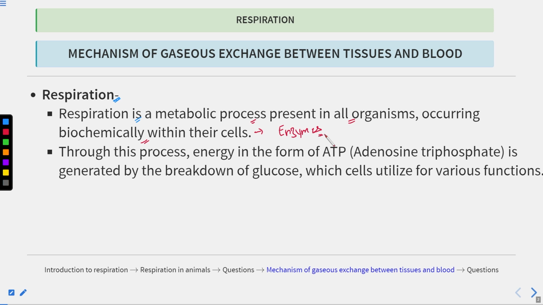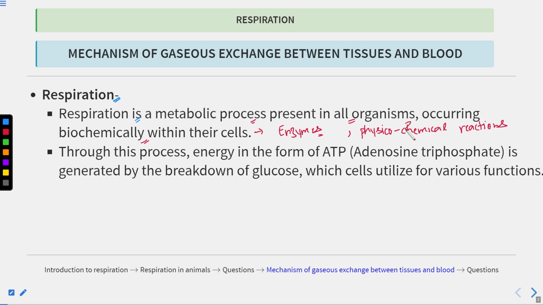These reactions are catalyzed by enzymes, and that's why they are known as biochemical reactions. You can also call them physicochemical reactions. Clear?